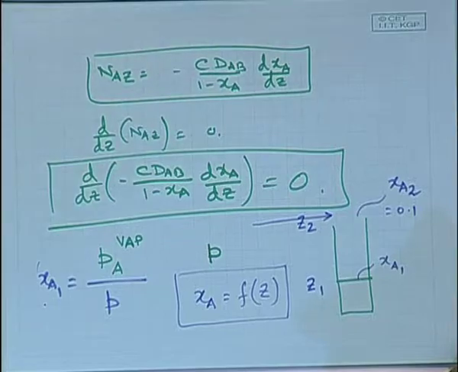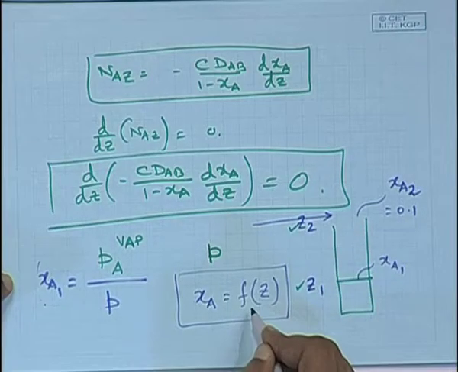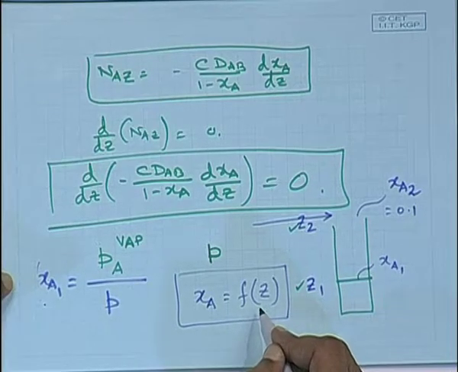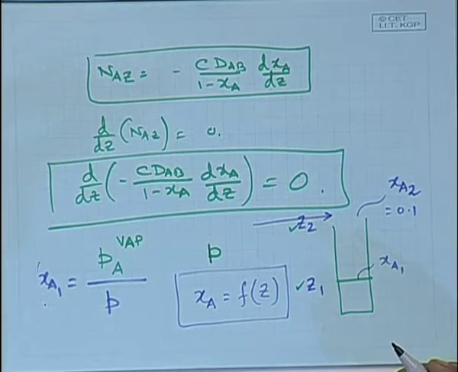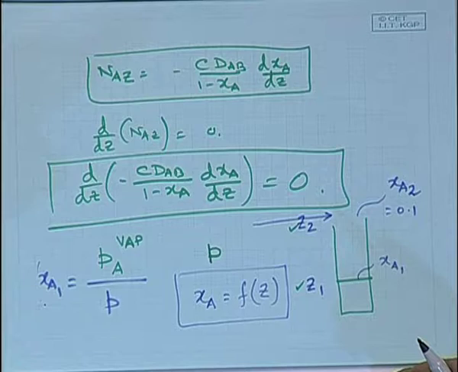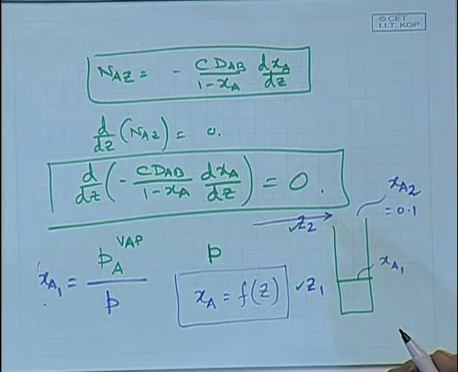XA is a function of Z. So, Z1 and Z2 would definitely be in this expression. What are the property parameters which would be there in this equation? DAB and concentration. DAB is your property.